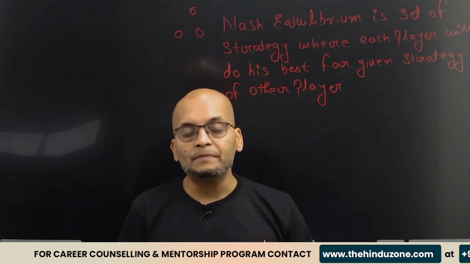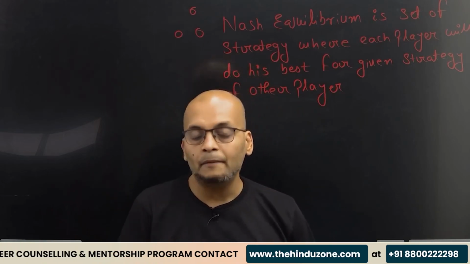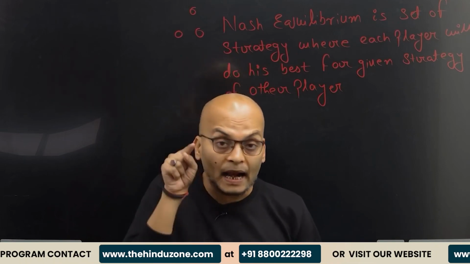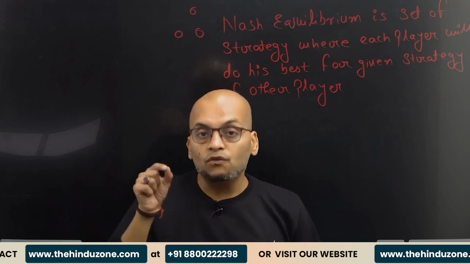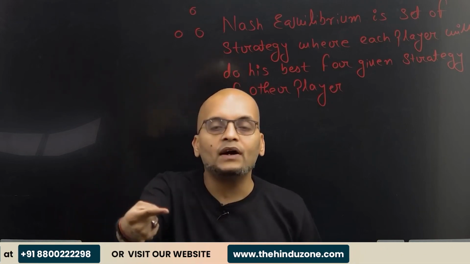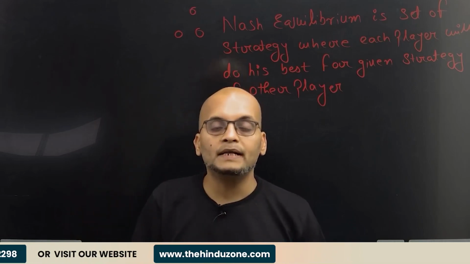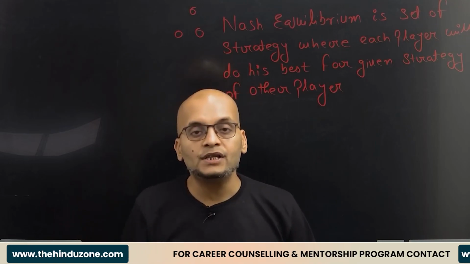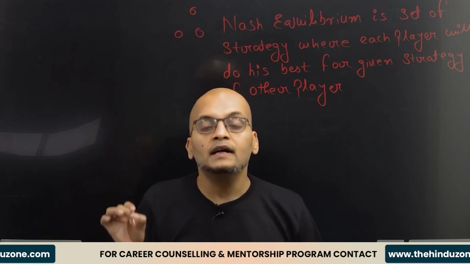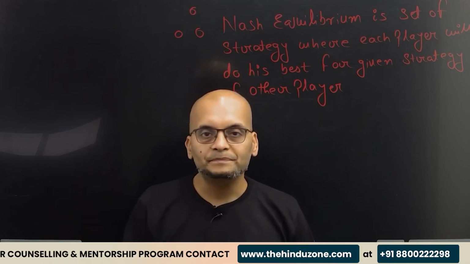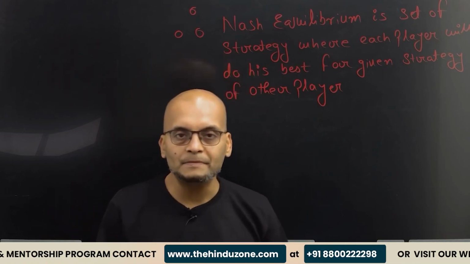Nash equilibrium is the strategy opted by a player where the player chooses the best strategy at that point of time for itself in accordance with the strategy of the other player. It is not like dominant strategy, where a player adheres to a particular strategy irrespective of what the other player is opting for. I hope Nash equilibrium is clear to you.